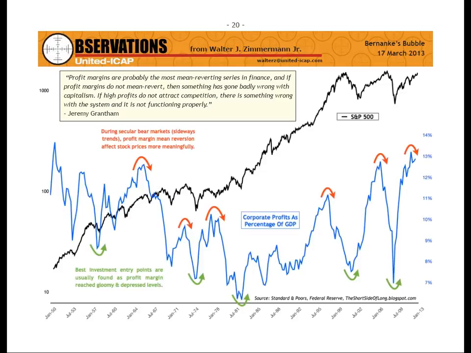So corporations are doing great right now, but even if we look at the most bullish chart out there, corporate profits as a percent of GDP, and we take the advice of some very wise people who have made a lot of money in the markets, even then there's cause for concern here.